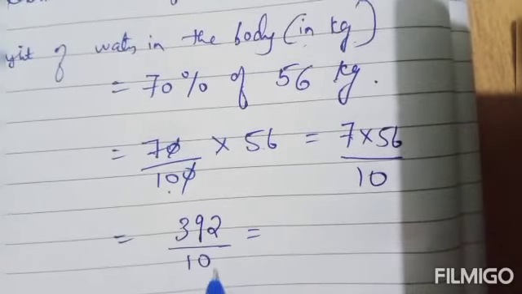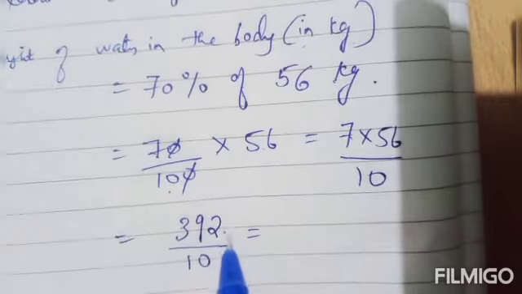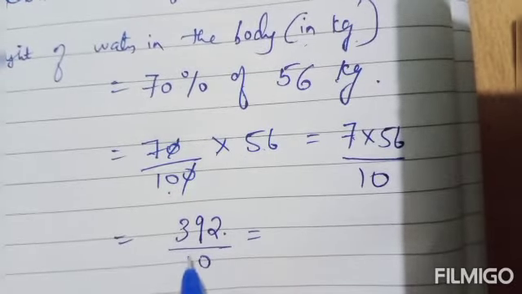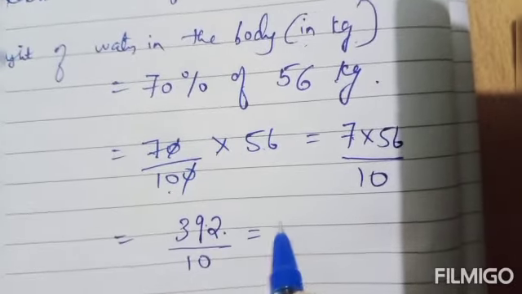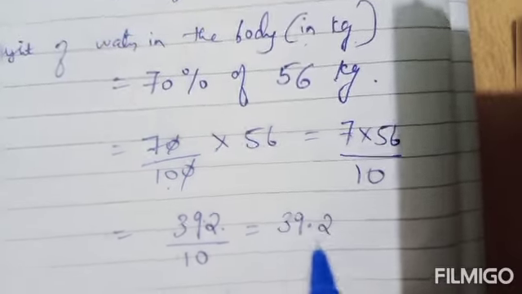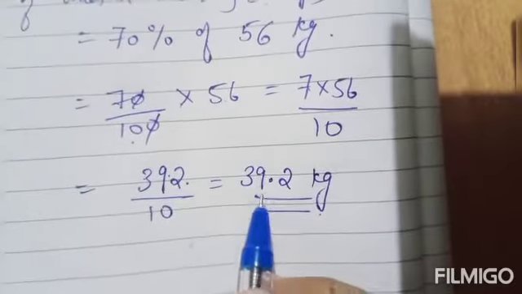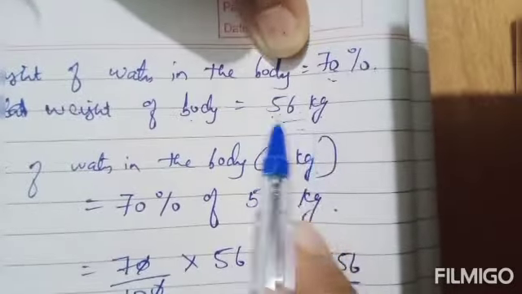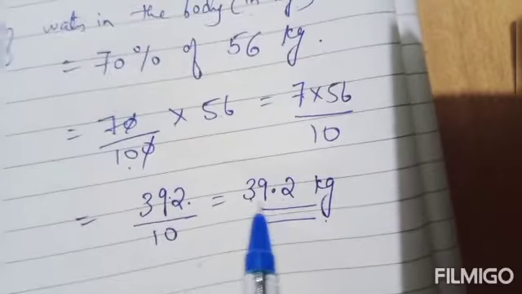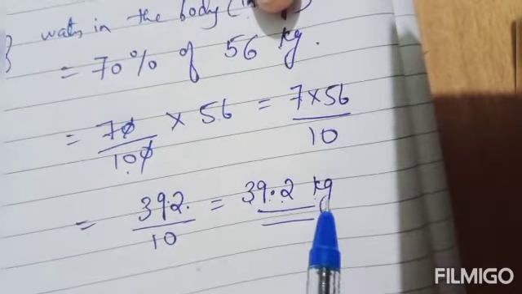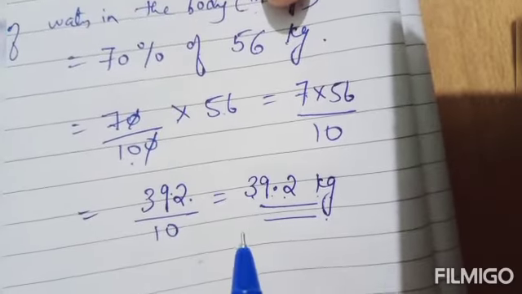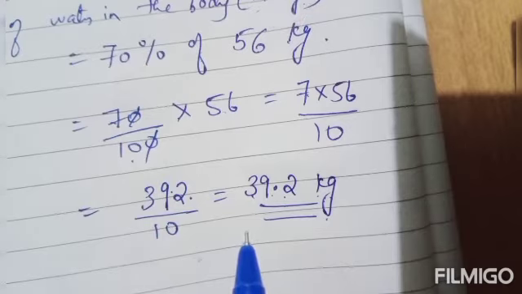Division by 10, the decimal point will move one place to the left. So it is 39.2 kilogram. So out of his body weight of 56 kilogram, 39.2 kilogram is the weight of water.